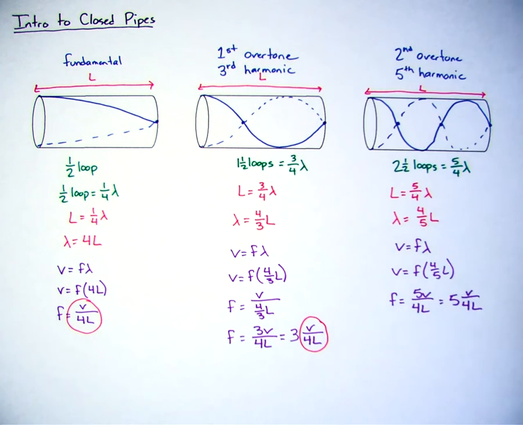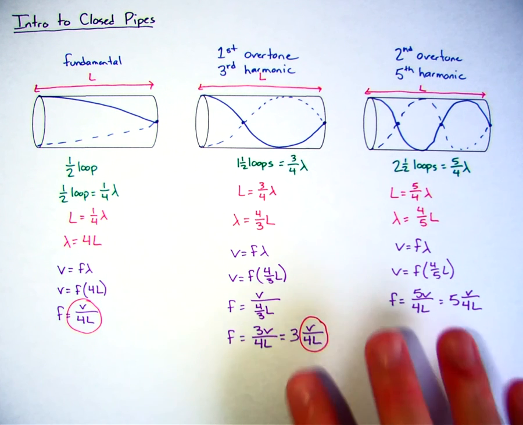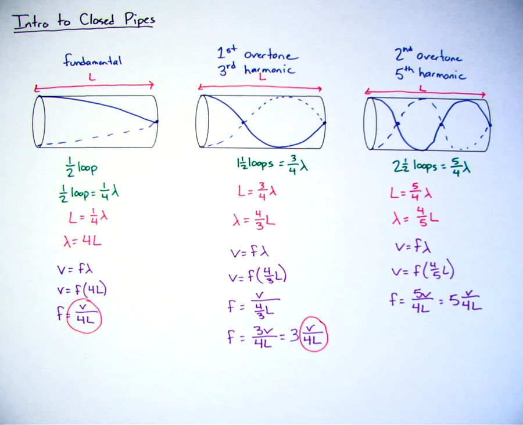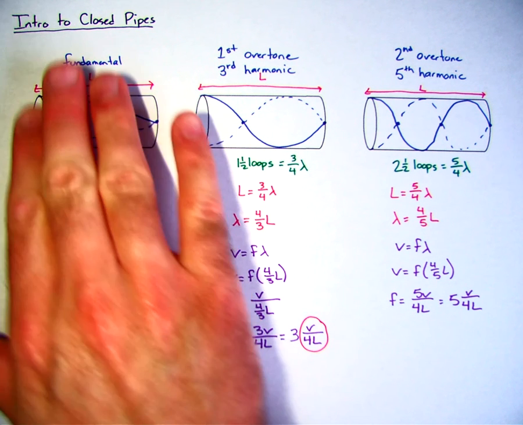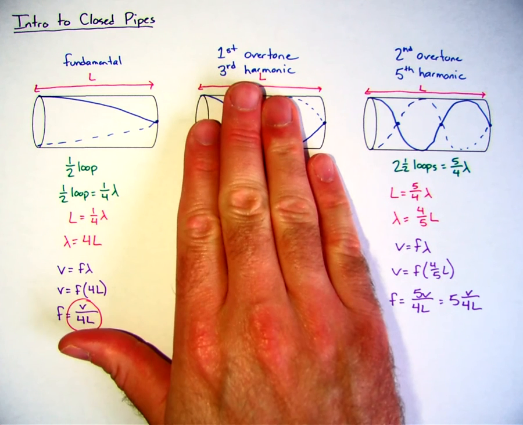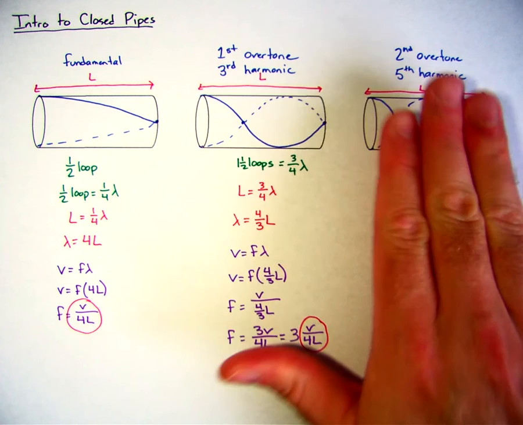What's really interesting and important, and I want you to see this, is that when we're talking about the multiples of our fundamental frequency, it's not possible with a closed pipe to have even multiples of your fundamental frequency. So if this were 100 hertz, the next possible resonant frequency in your closed pipe would be 300 hertz, and then 500 hertz.